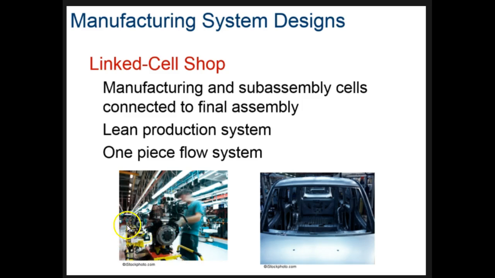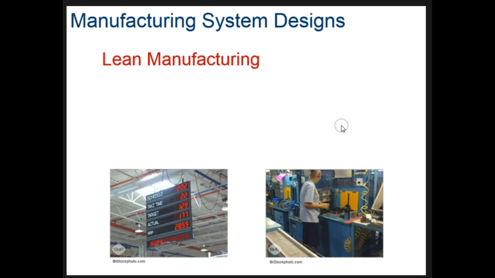Later on, these cells come together for the car doors to be put onto the body and the seats to get put into the car. So the cells are all linked, with each subassembly cell putting together their little piece, and then everything gets put together in a final assembly.